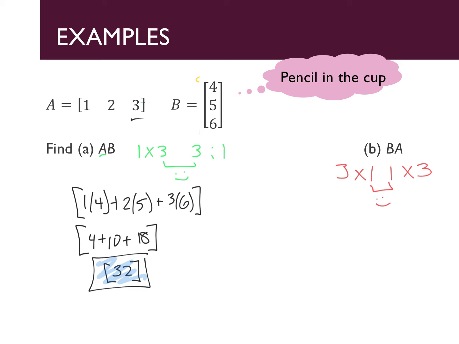So if it were me, I would probably rewrite it so I have B first, and then multiplied by A. So because our expression starts with B, I'm going to have 3 different pencils. And notice we'll have 3 cups.